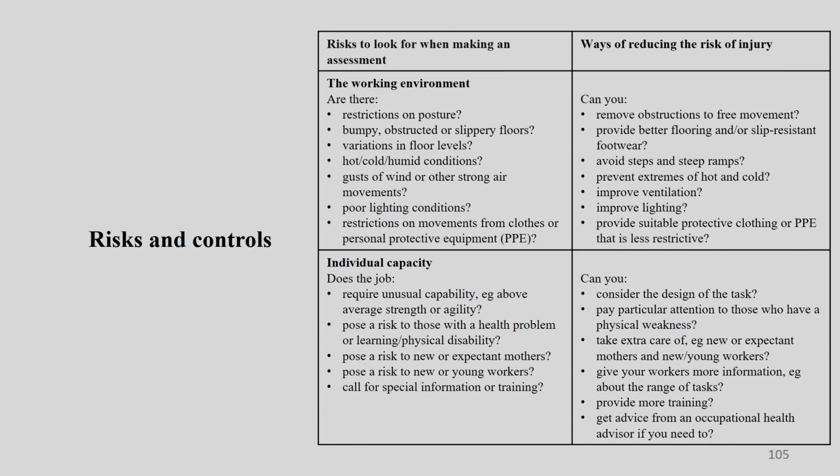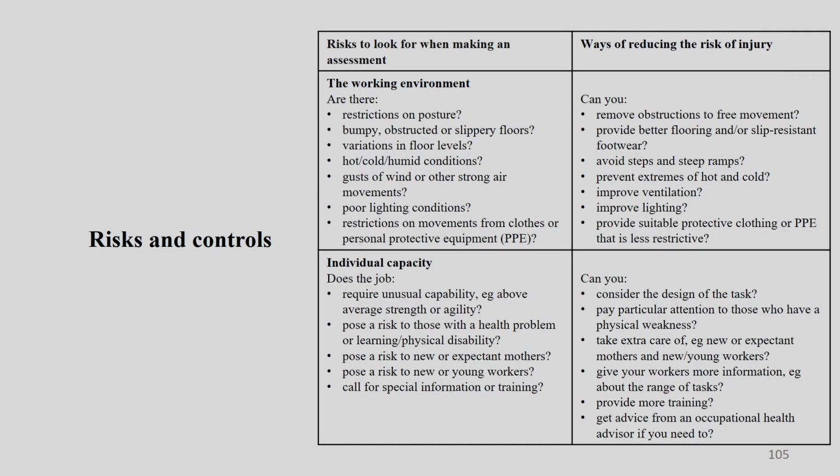Then the next one is your working environment. What exactly are you looking for? You are looking for restriction on posture. While doing that particular job, handling that particular material, is it restricted? Is this particular manual handling causing a restriction of your posture?